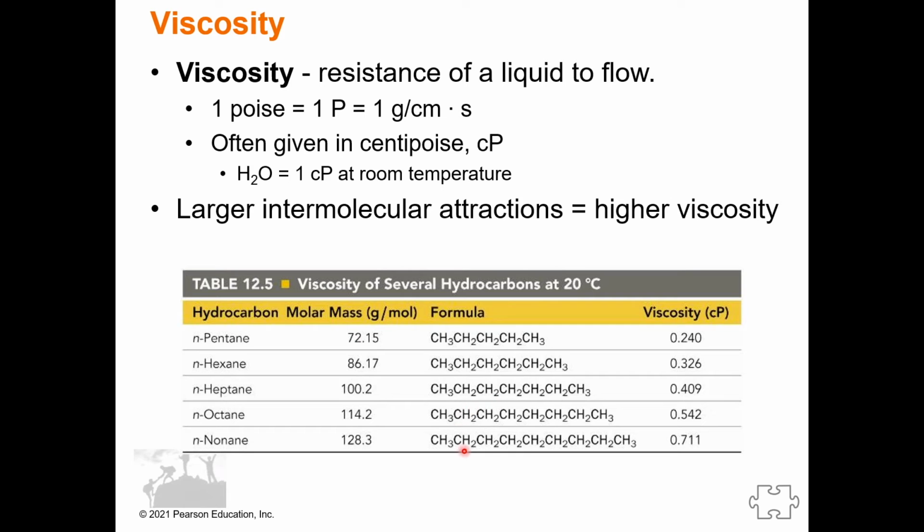So just think of something like nonane being tangled upon itself. These chains are so long that they tumble through each other as the liquid is flowing. So the more carbon chains there are, the higher the viscosity would be. And that's going to be true with any type of molecule.